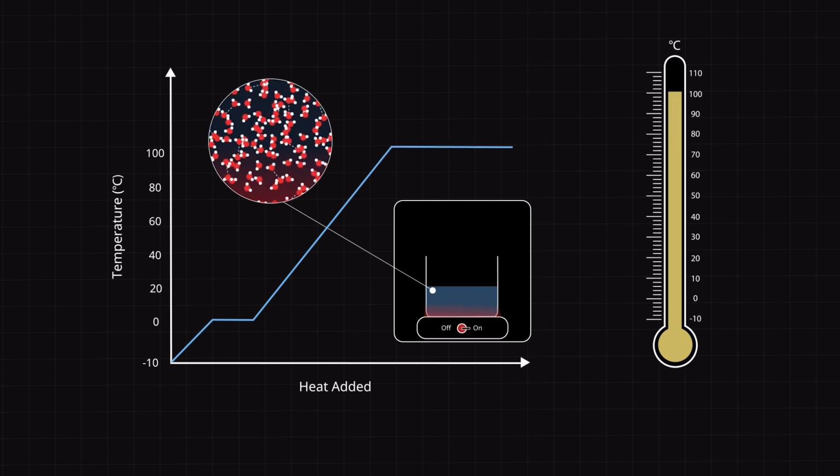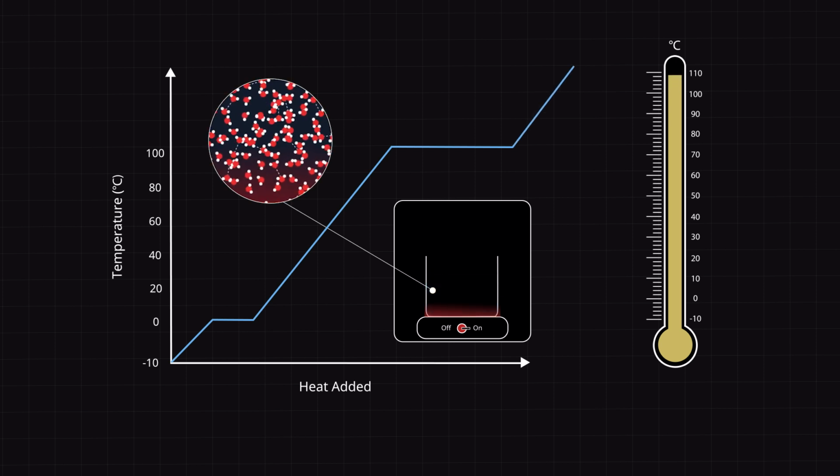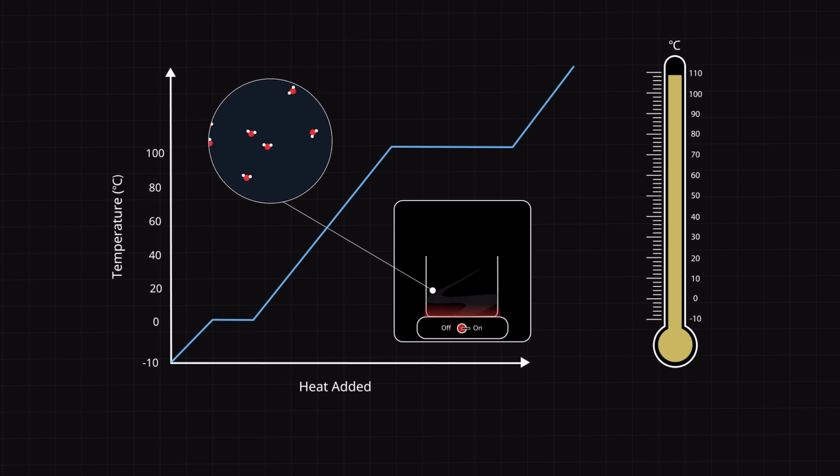At 100 degrees Celsius, the water begins to boil and the temperature remains constant. The kinetic energy of the water molecules is now large enough to completely overcome the intermolecular attractions, and the molecules spread farther apart. Note that the horizontal line corresponding to boiling is much longer than that for melting.